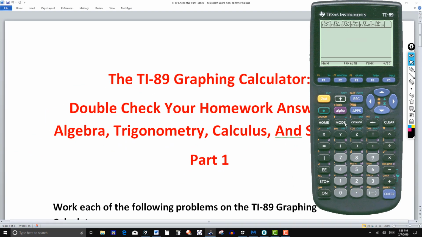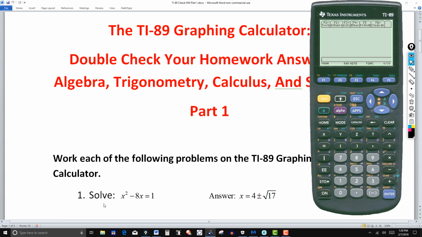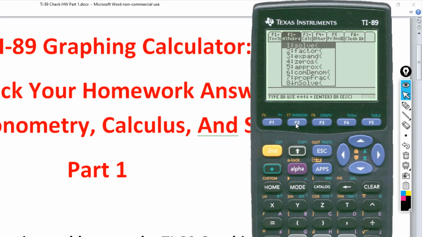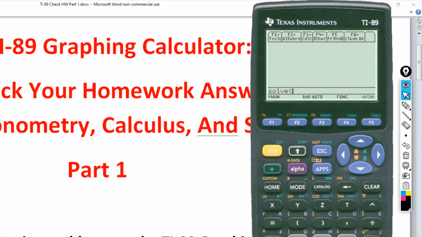Okay, so let me just go over some of the things that it can do. First one here, we have solve. Just to point something out before we get started, go to F2 and you see number 1 is solve. So I'm going to hit 1, and then enter the equation x squared plus 1 equal to 0.